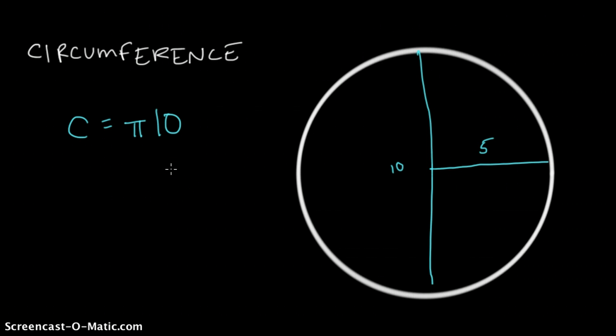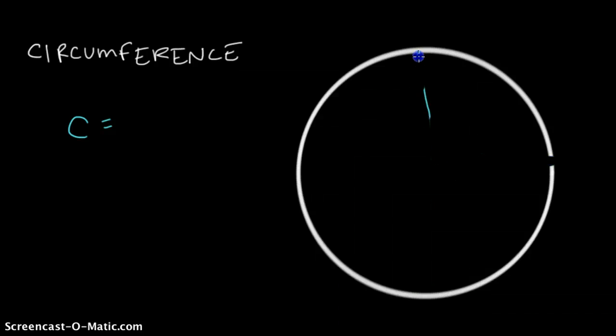The last one's actually a little bit more confusing. Let's say you didn't know anything about the radius or the diameter, but in fact, let's say you knew the area. Let me erase some of my circle over here, fill it in with some blue.